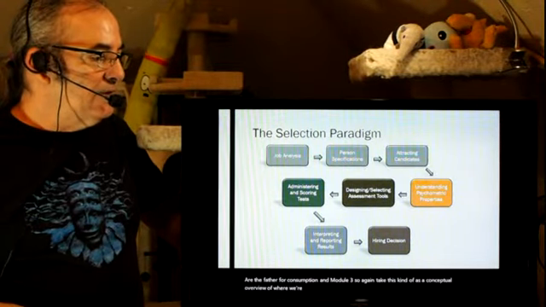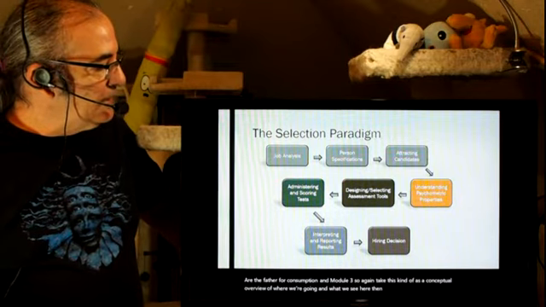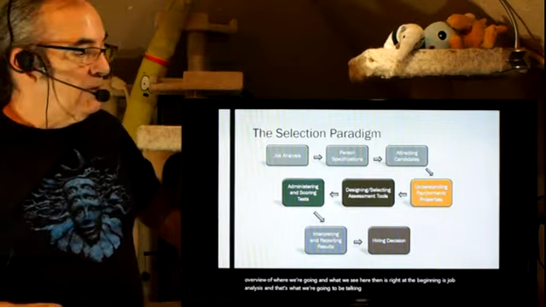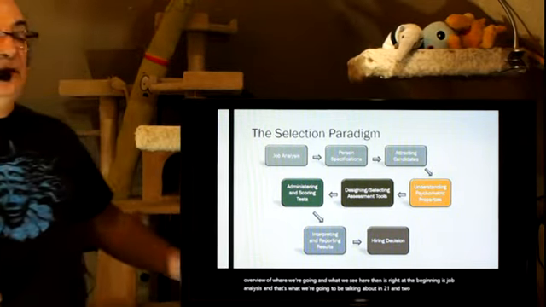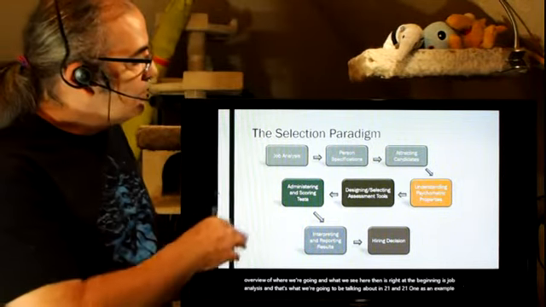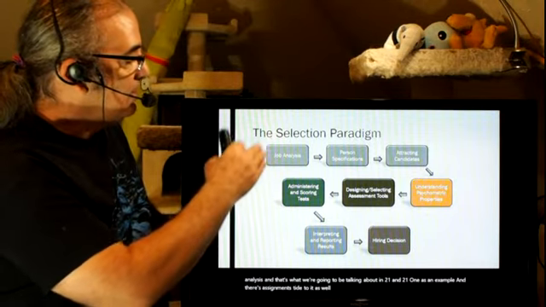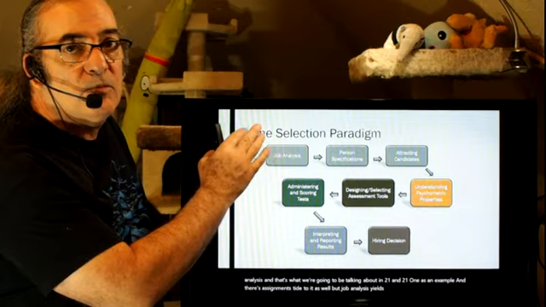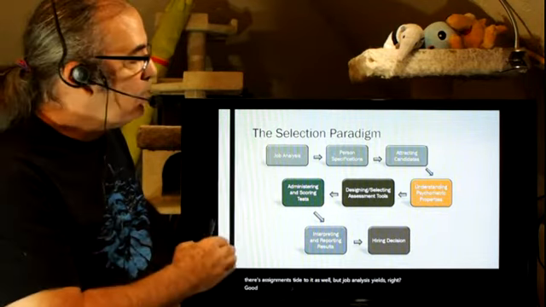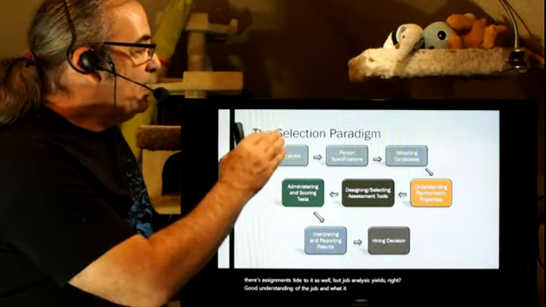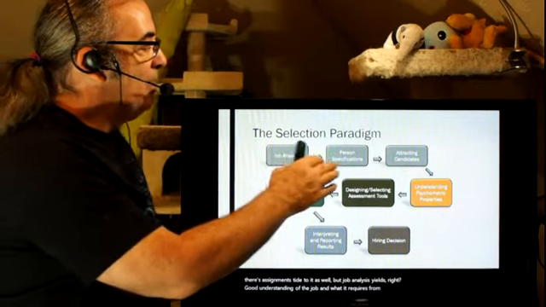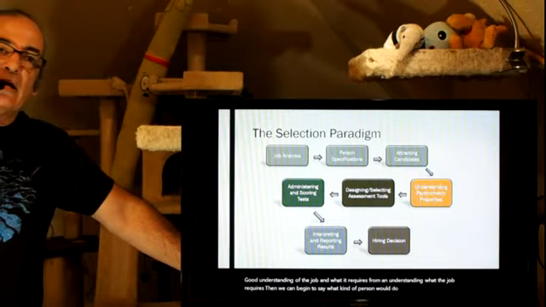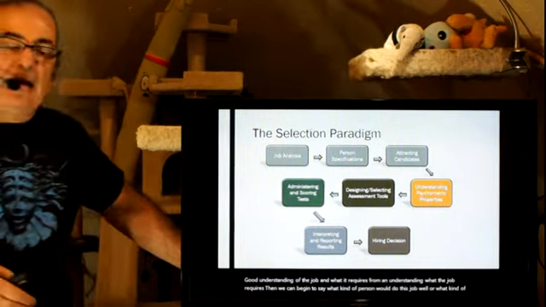And what we see here, right at the beginning, is job analysis, and that's what we're going to be talking about in 2.1 and 2.11 as an example. And there's assignments tied to it as well. But job analysis yields a good understanding of the job and what it requires. From an understanding of what the job requires, we can begin to say what kind of person would do this job well, or what kind of person might not do the job as well.